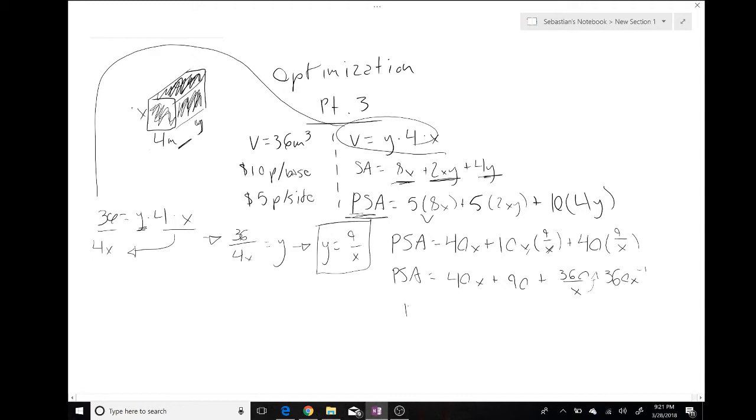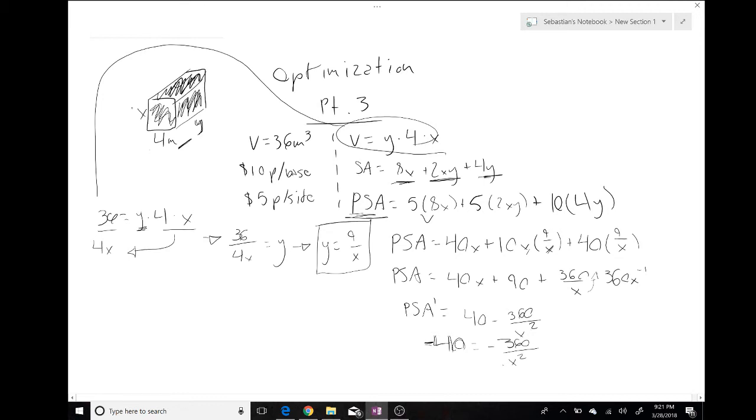Now we will get the derivative of this equation, which will be 40 minus 360 over x squared. And we will continue and move our 40 over to the other side, because now we want to solve for x, which makes negative 40 equals negative 360 over x squared.